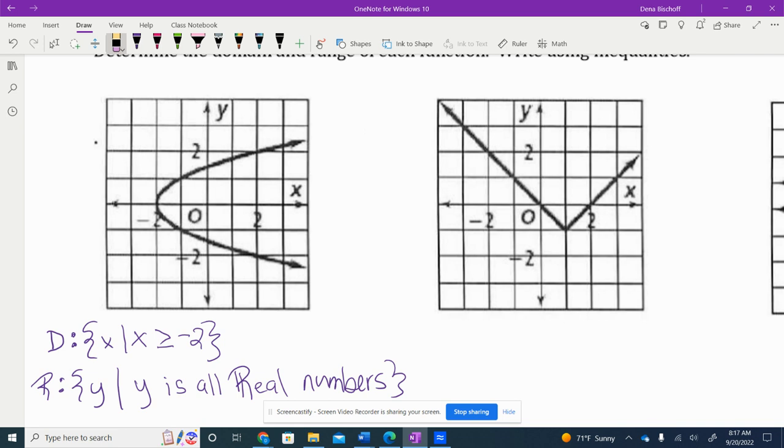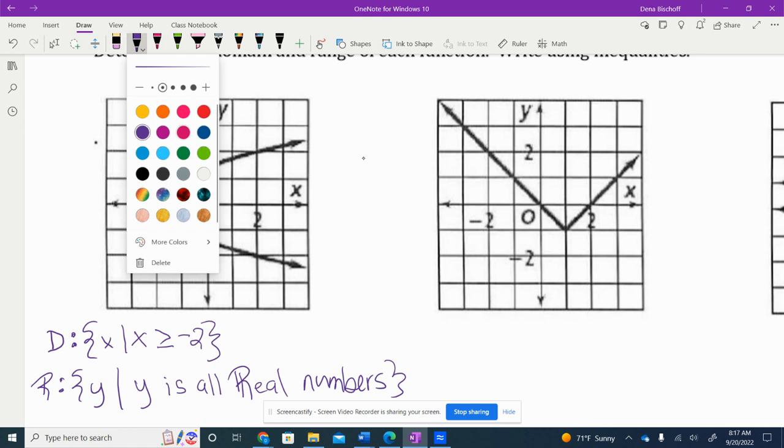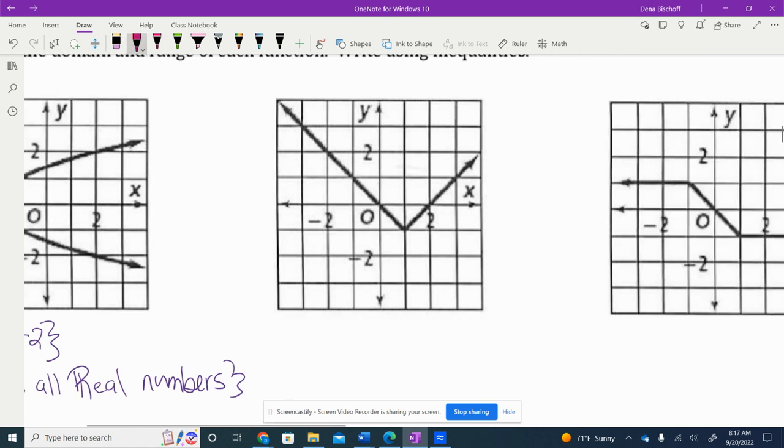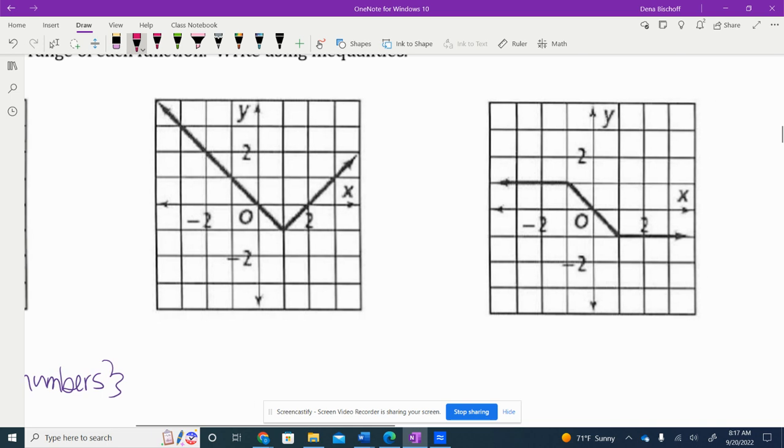Okay, I know this is a new concept. Let's look at the next graph. Okay, so let's talk about the domain, which is all my x values. So these are x values going this way. If this graph goes on forever, what's the largest x value?